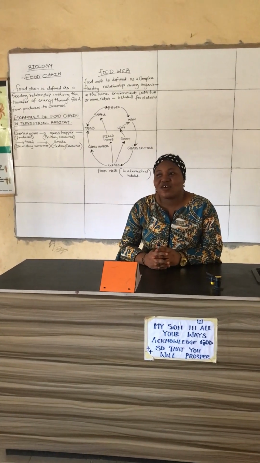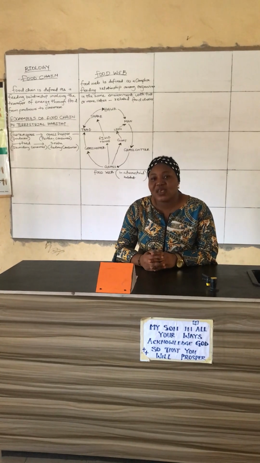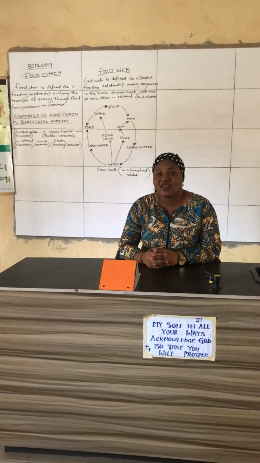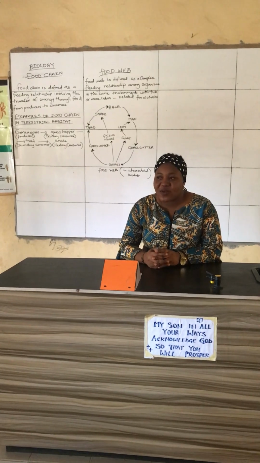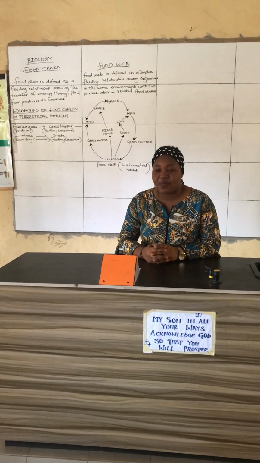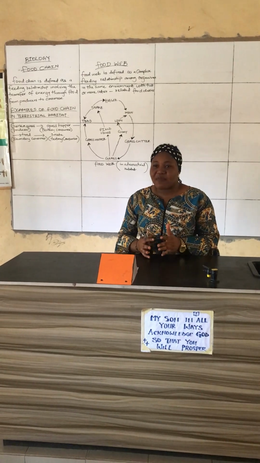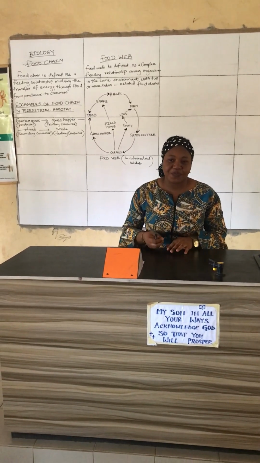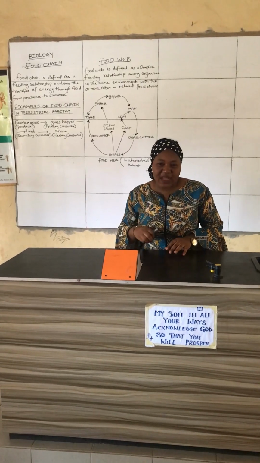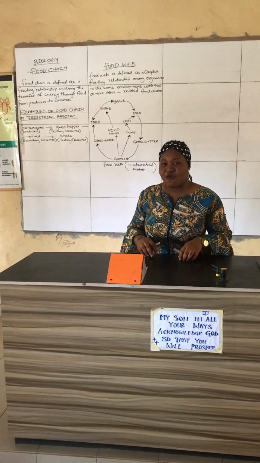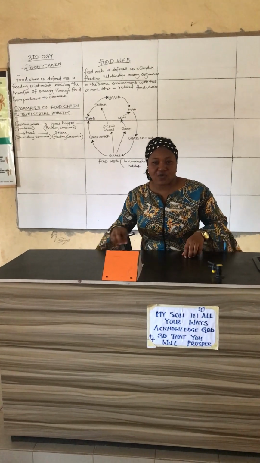Today is a continuation of our last topic, autotrophs, heterotrophs, and the decomposers. So today I'm going to talk on food chain and the food web. Whenever we talk about food chain, we say that it's a feeding relationship that involves the transfer of energy from producer to consumers.